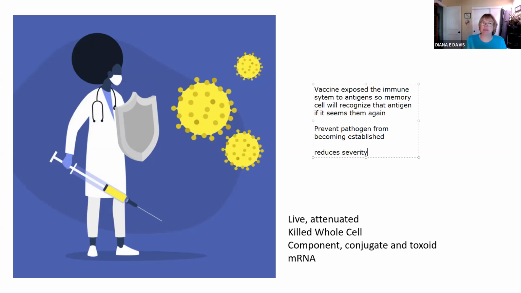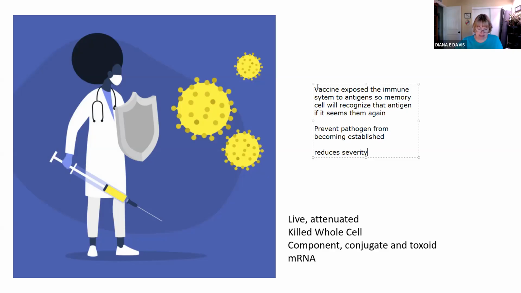You don't have any symptoms. You don't have any disease process going on. Basically, the immune system comes in, recognizes those antigens, wipes them out, and that bacteria or virus cannot cause the disease.